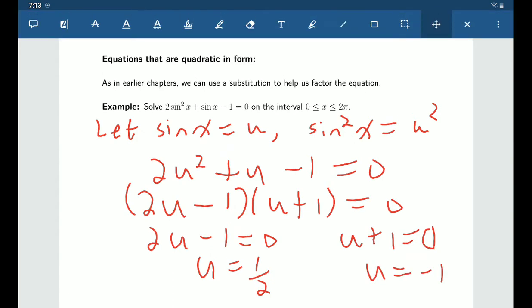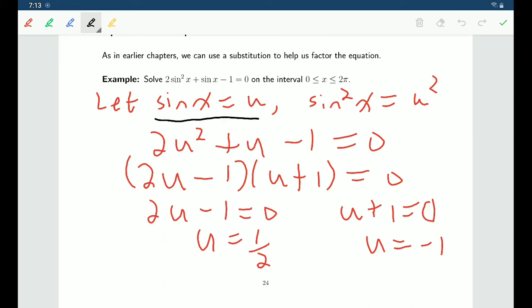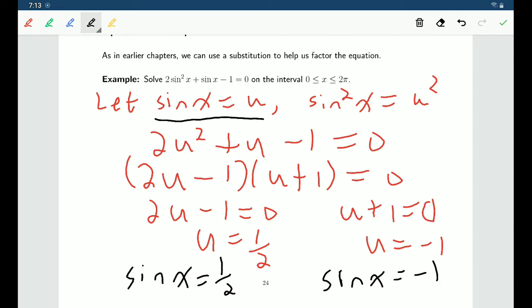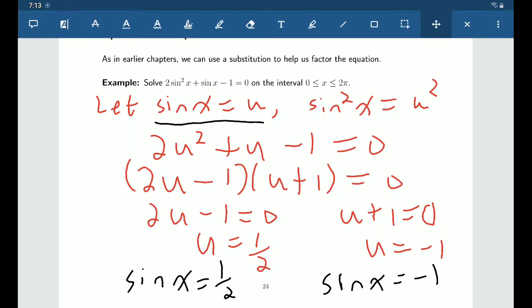Now, of course, we don't want to know what u is. We would like to know what x is, and this is where we remind ourselves that u was sine of x. So that means really what we have is two equations to solve. Sine of x is a half, and sine x is negative 1. So now we just have two little equations to solve, and we'll do that on the next page.